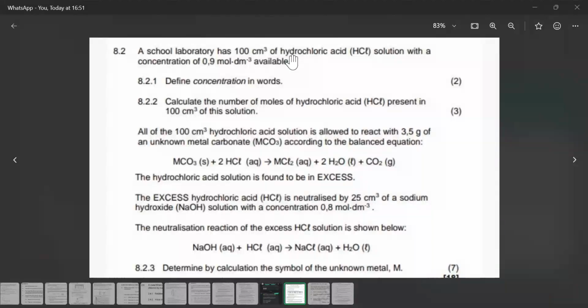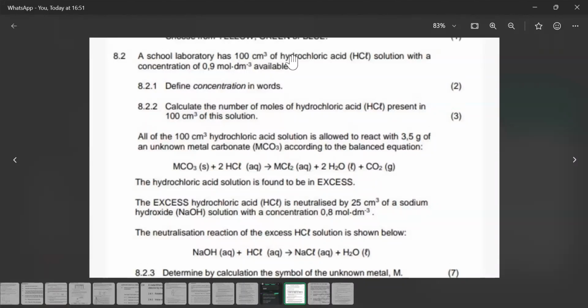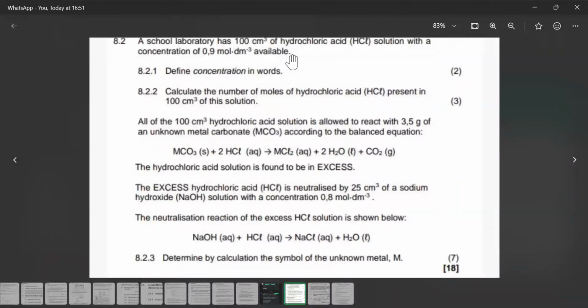All that you need is to find the number of moles, because you are already given the mass of this metal carbonate. So what we need to do here, in simple language, is to determine the number of moles of this metal carbonate that are needed to react with hydrochloric acid. So that's what we need.